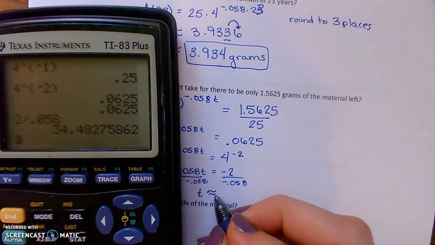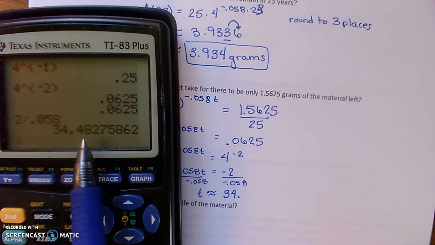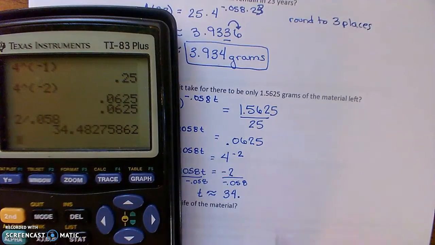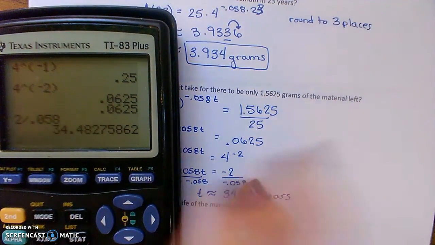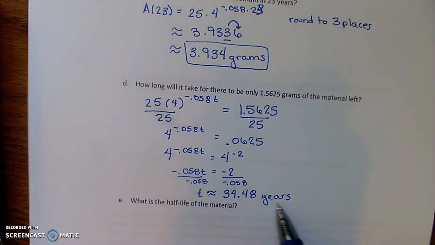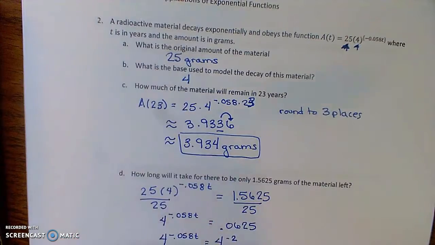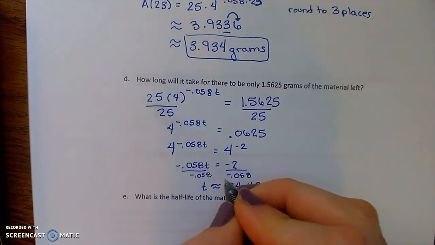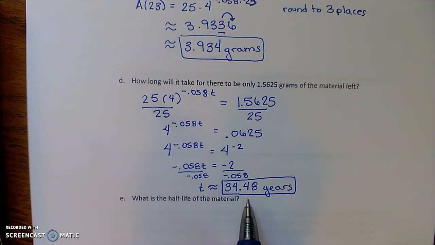So we get t is approximately 34 point something. Let's round to the nearest hundredths place. If that's an 8, the next digit is a 2, so that'll keep it at an 8. 34.48 years. Make sure that I'm using the right units. In the original problem, t was in years, so I did do that correctly. So it would take this many years for it to decay to 1.5625 grams.